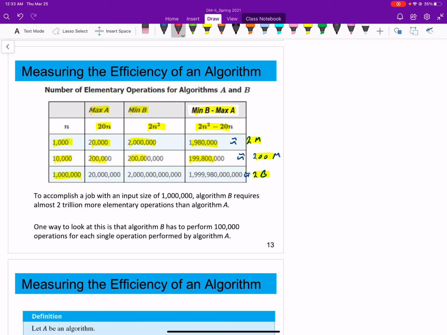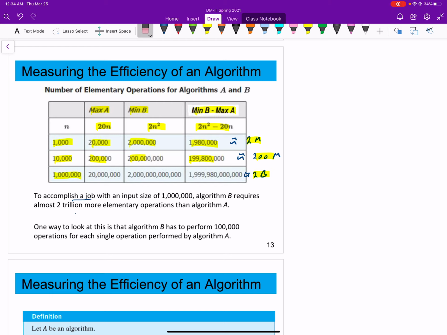So let me read the content here. To accomplish a job with an input size of 1 million, algorithm B requires almost 2 trillion more elementary operations than algorithm A. Oh, I just put numbers wrong. Let me check it. Yeah, that's correct.